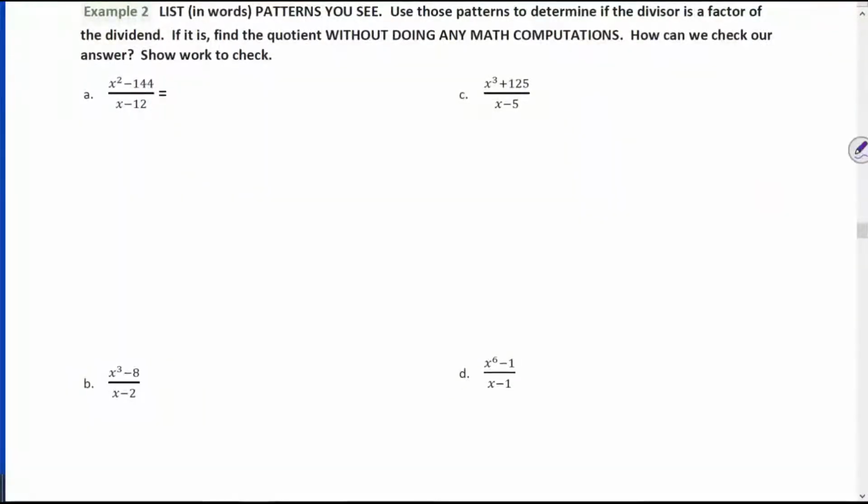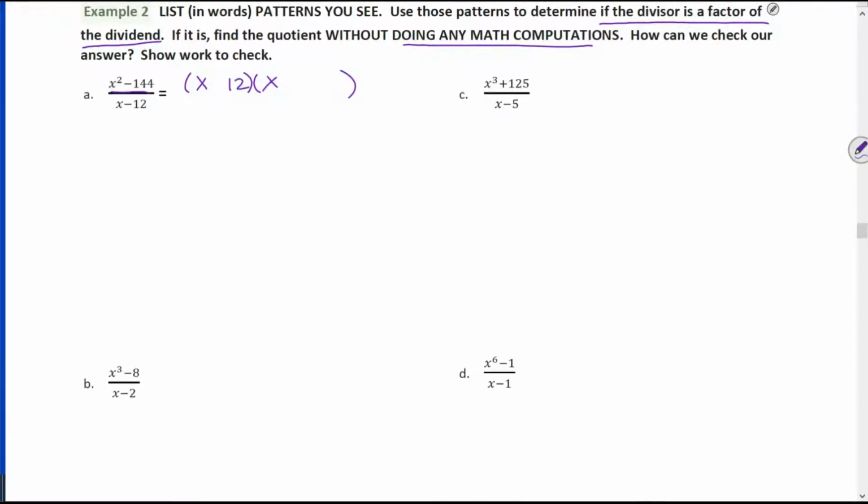Next, we're going to look for more factoring patterns to determine if the divisor is a factor of the dividend. If it is, then find the quotient without doing any math computations, meaning without doing any division. In letter A, I notice x squared minus 144. That looks like the difference of squares. What squared is x squared? That's x. And what squared is 144?